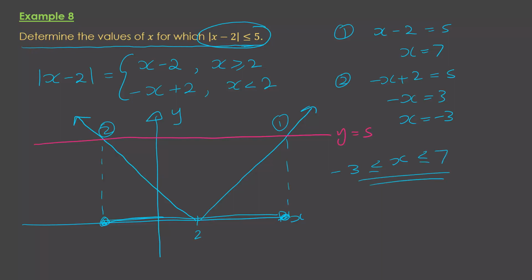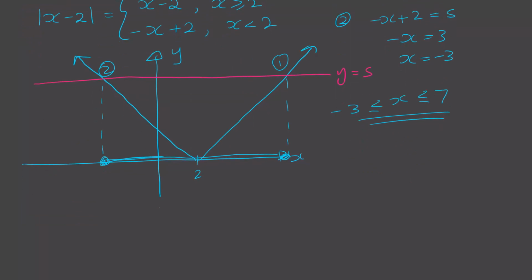Now we could solve for the intersections by squaring both sides. So we'd have x minus 2 squared. We don't need the modulus once we're squaring because it's going to be positive anyway. And put that equal to 5 squared. So x squared minus 4x plus 4 is equal to 25.